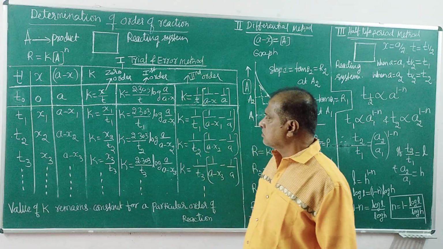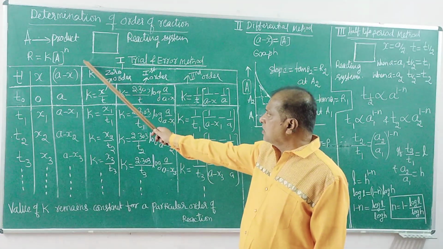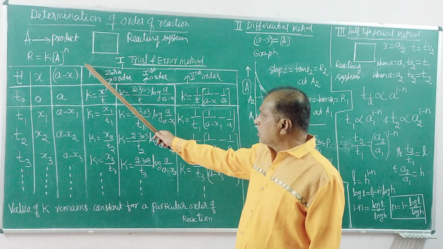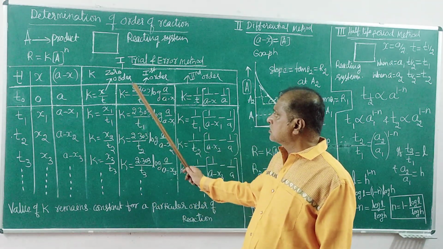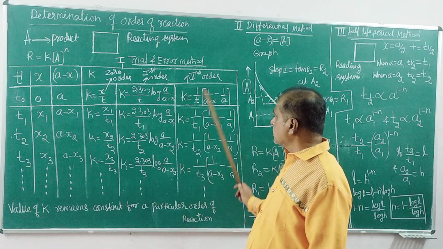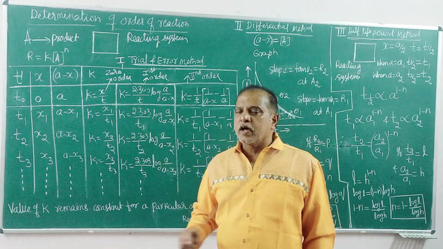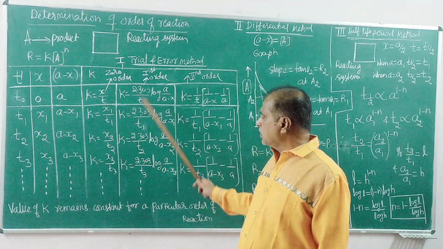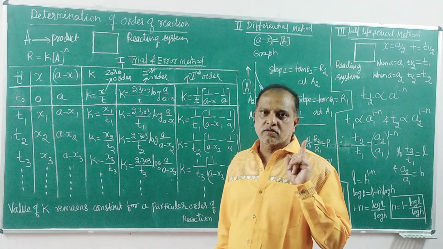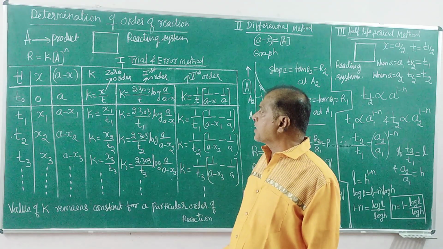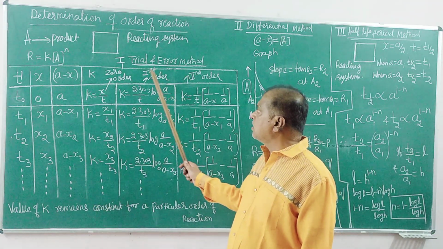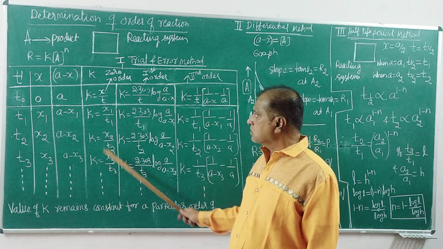If the reaction obeys this equation, it is first order; if this, zero order, first order or second order. But no reaction obeys two equations, only one equation. So this is how we can find out the order of the reaction by the trial and error method. First method.